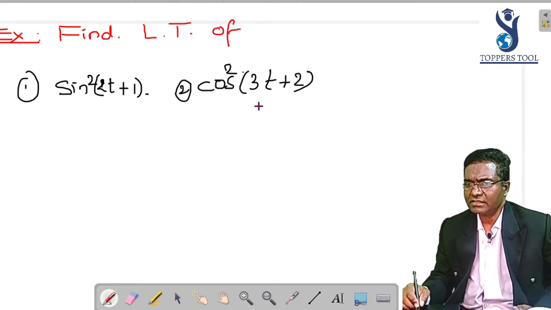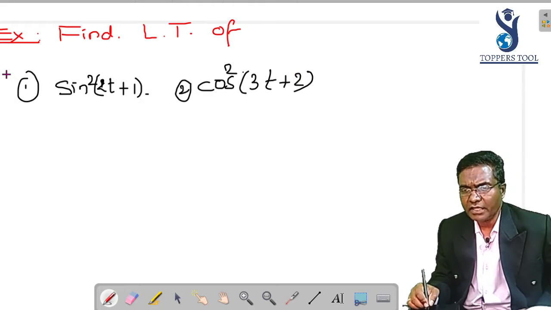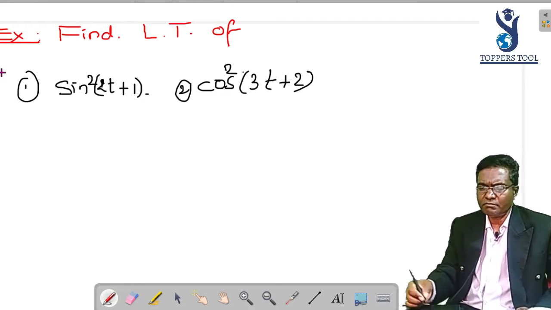I had given in the last class how we can find Laplace of sine square and cos square. Same procedure you have to follow.